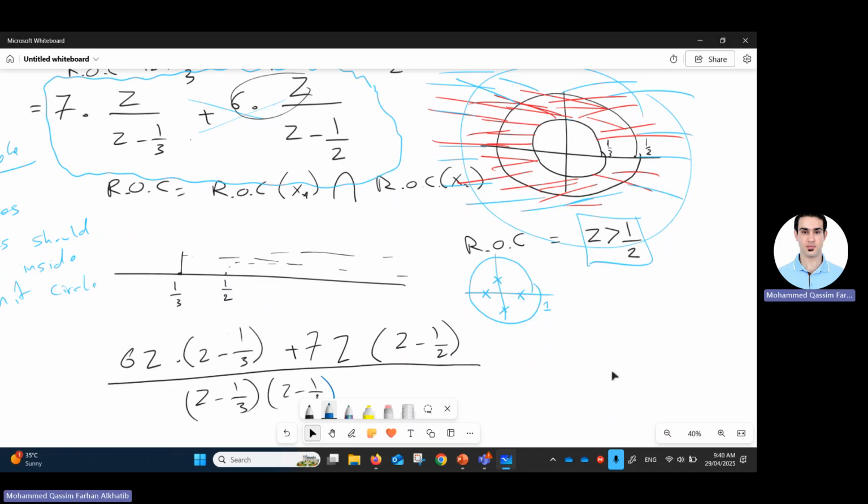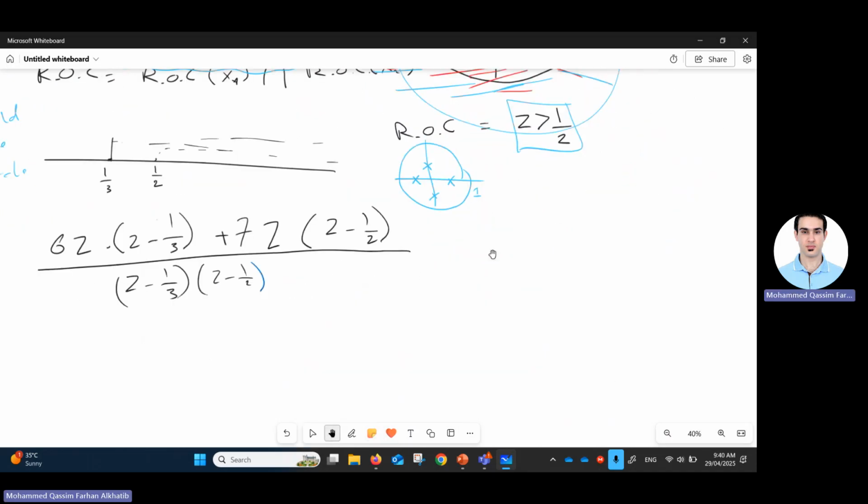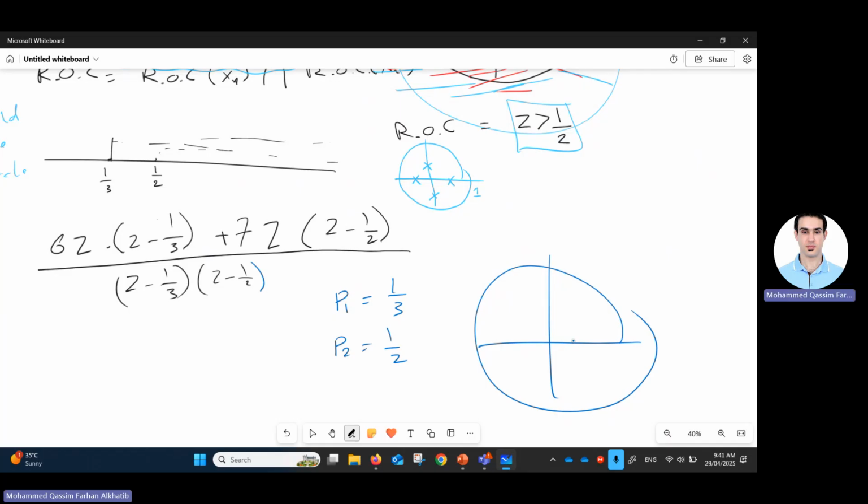To determine stability, the poles are the zeros of the denominator. So I have two poles. The first pole equals 1 over 3. The second pole equals 1 over 2. So if we go to the unit circle, I have the first pole 1 over 3, second pole 1 over 2. So in this case, we can make the comment that the system is stable.